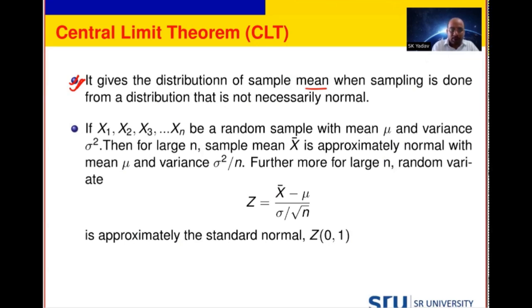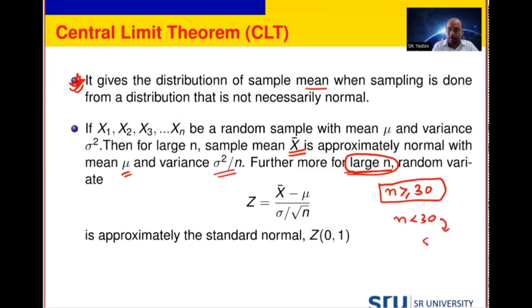But the central limit theorem says whether the population is normally distributed or not, if I draw a sample which is sufficiently large, then the sample mean x bar is approximately normal with mean mu and variance sigma square by n. And a large sample means n is greater than or equal to 30. And if n is less than 30, we call it a small sample.